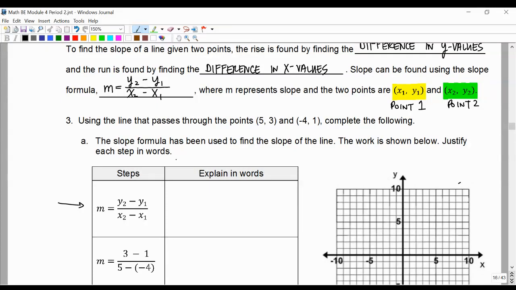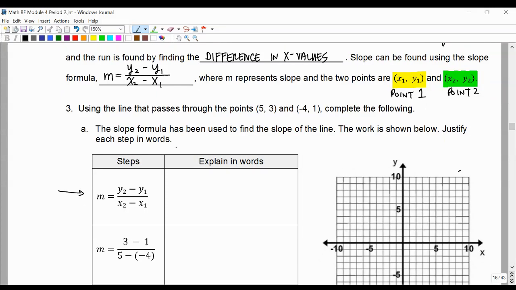All right. And then on number 3, somebody has already done this problem, so all we're going to do is look at it and write out the steps. Step 1 is label the points. By label the points, I mean I'm going to go up on each problem and label it x1, y1, x2, y2.